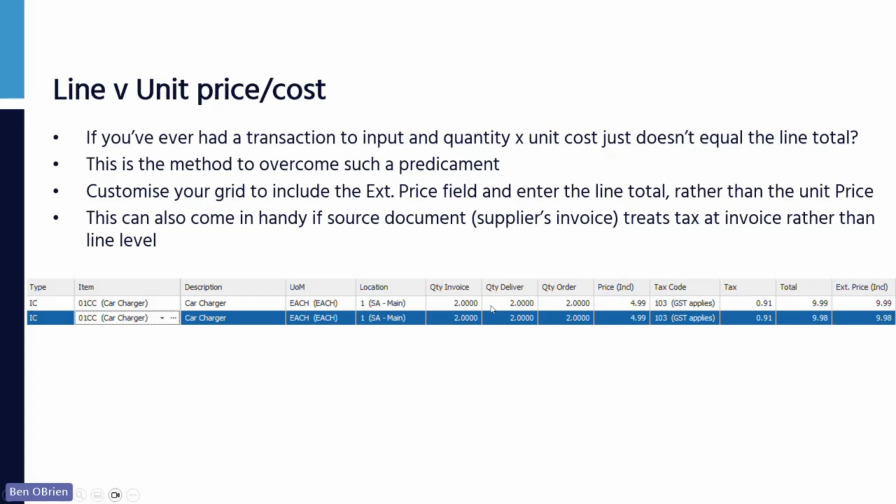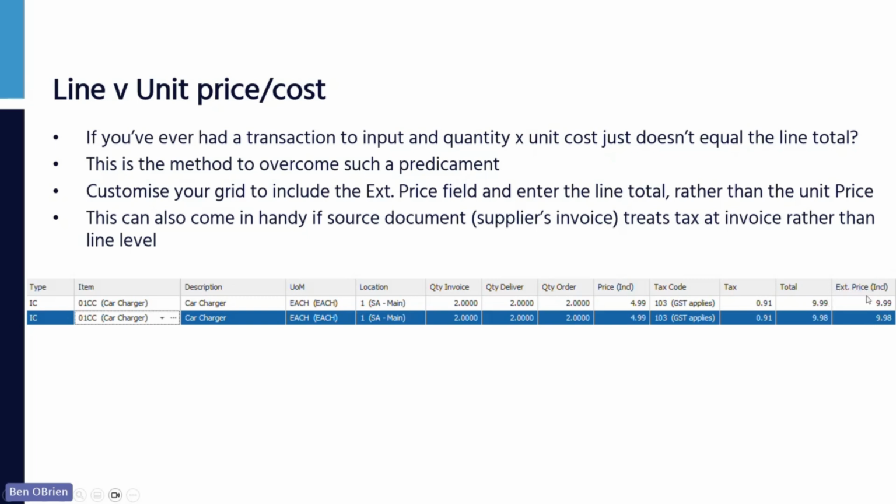And so you'll see here I've got two of an item that has a $4.99. And again, apologies for the Australian currency there, but $4.99. And my extended price from my supplier was $9.99, which doesn't make sense because 2 times $4.99 isn't $9.99, it's $9.98.